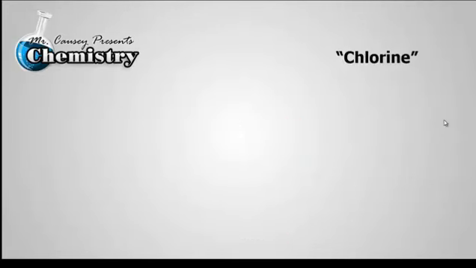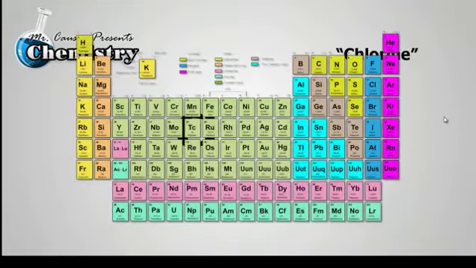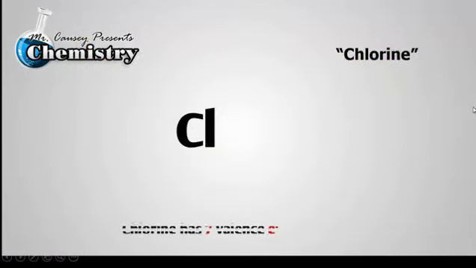All right, let's look at chlorine. Here's writing the symbol down. Go into the periodic table, and let's find chlorine. There it is. 1, 2, 3, 4, 5, 6, 7. It has 7 valence electrons. So let's place them. 1, 2, 3, 4, 5.